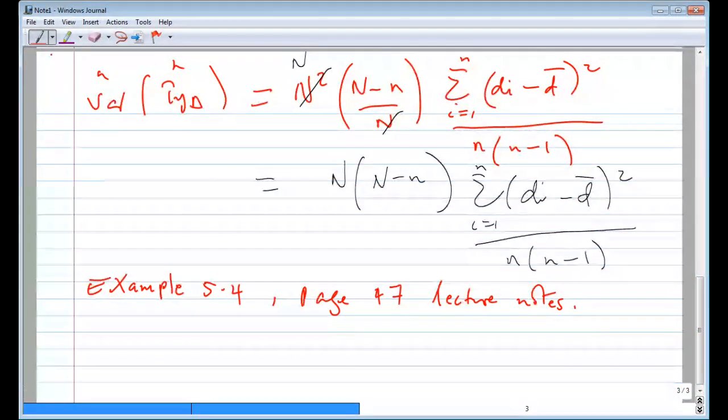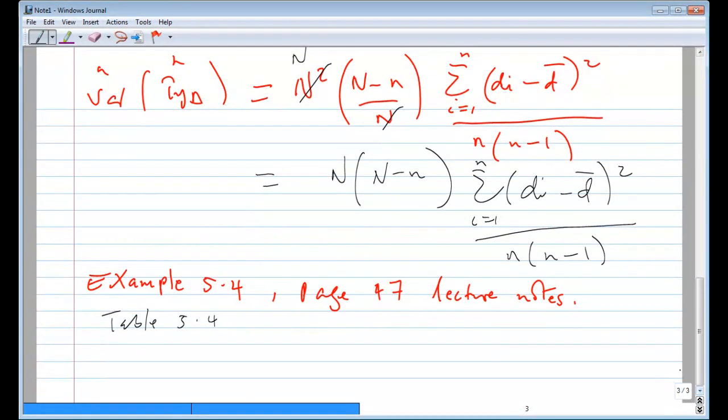The table consists of the sample, the audit values, which is yi, and we've got the book value, which is xi.